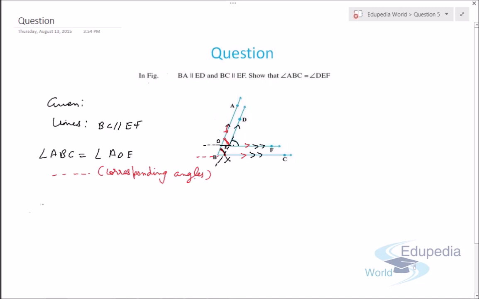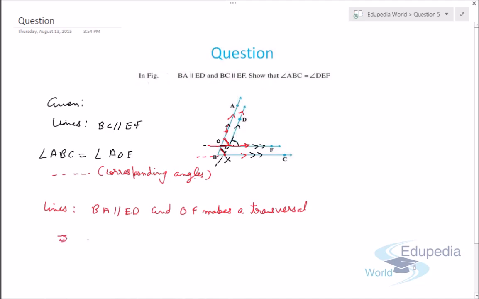Now, it's also given that line BA is parallel to ED, like this line is parallel to this line. Now if this line is parallel to this line and OF makes a transversal, so this means what?